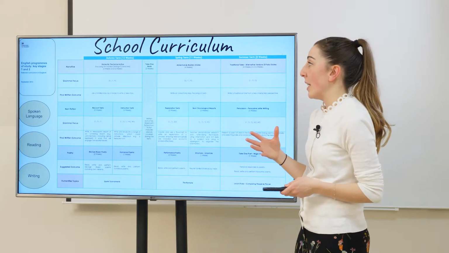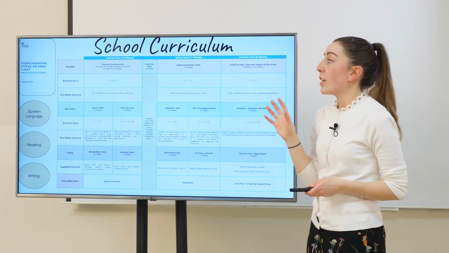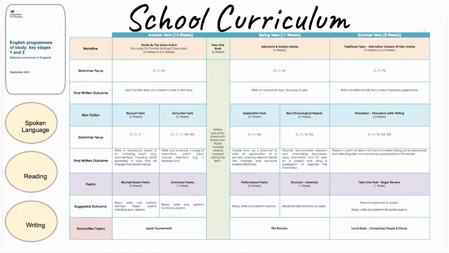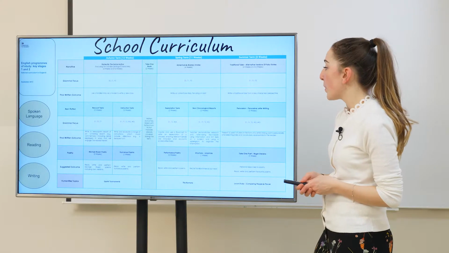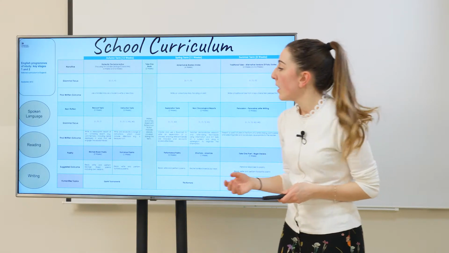There are so many. And so the school has decided that using these curriculum points, they're going to study stories by the same author, they're going to study adventure and mystery stories, they're going to study traditional tales or alternative versions of fairy tales, they're going to study non-fiction: recount text, instruction text, explanation text, non-chronological reports, persuasion and persuasive writing, and poetry.